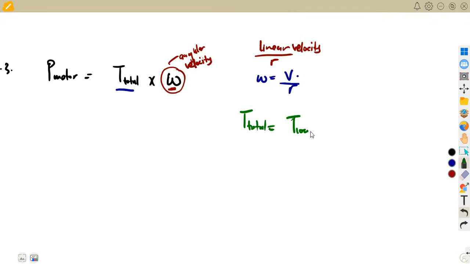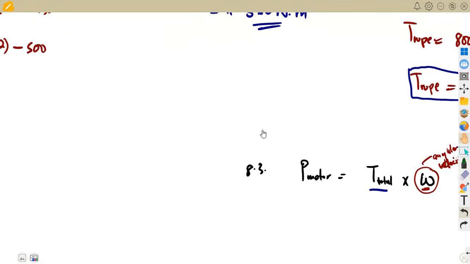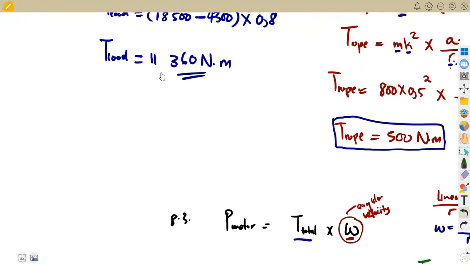So it's T load plus T drum, which is T rope in this case, the one that is affecting the drum. So we can calculate the total torque in this case because we have the torque that is affecting the load. I listed them here. The load is 11,360.